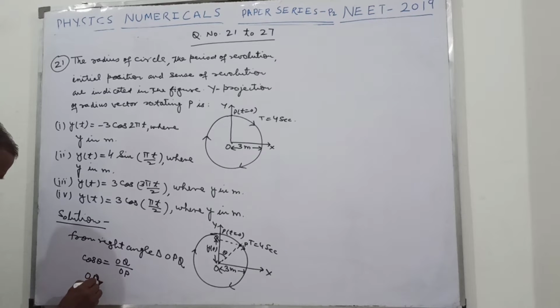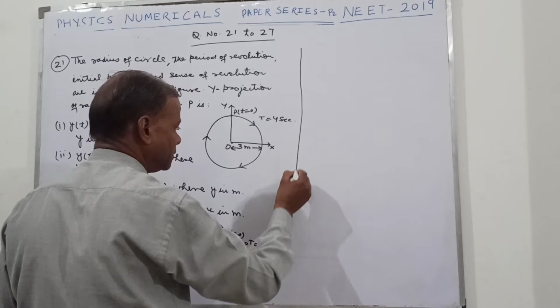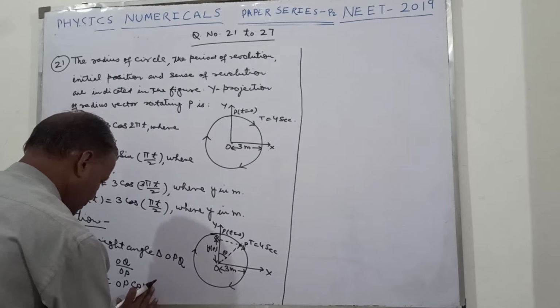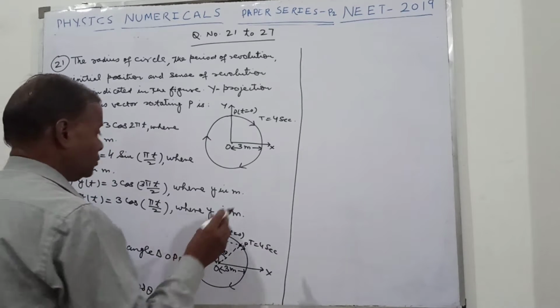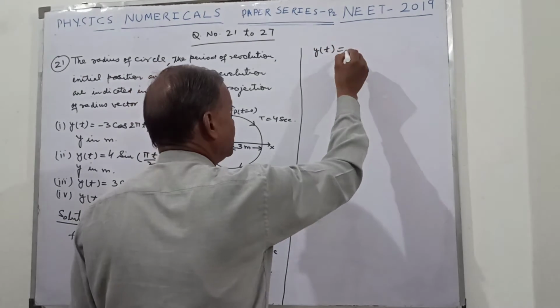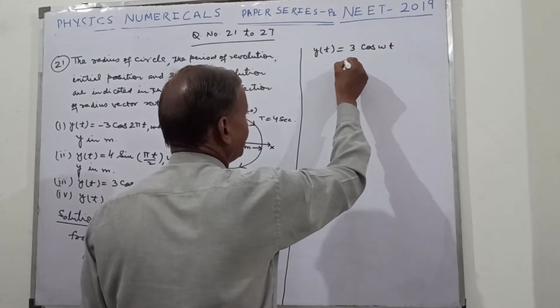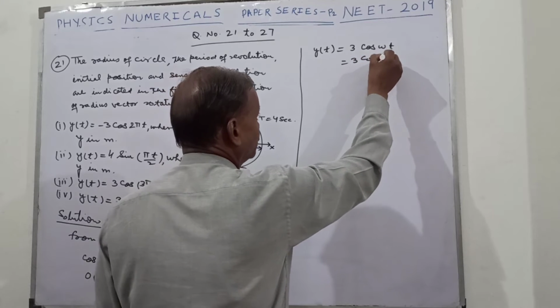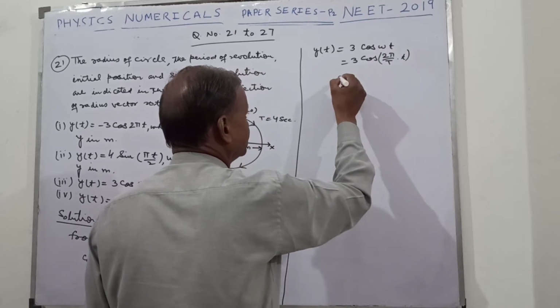So OQ is equal to OP cos theta, and this theta is equal to omega t. So OQ, this is your y(t), and OP is 3. So y(t) equals 3 cos(omega t), where omega is 2π upon T, into t.